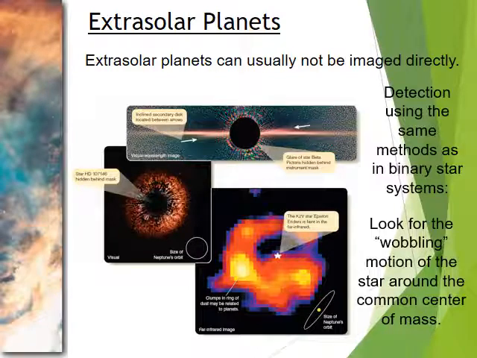And then you're trying to pick out planets, and remember that planets don't produce their own light. And so you can see the star because it's producing its own light. It's really difficult to see the planets because they don't produce their own light, and the planets are much, much, much, much smaller than the star itself. So therefore, you have to find other techniques with which to detect extrasolar planets, also known as exoplanets.